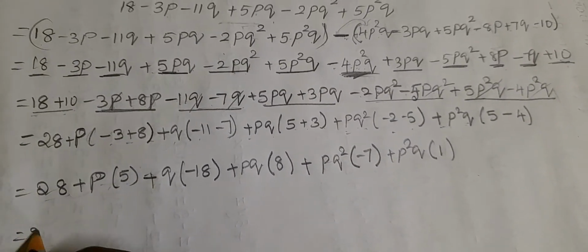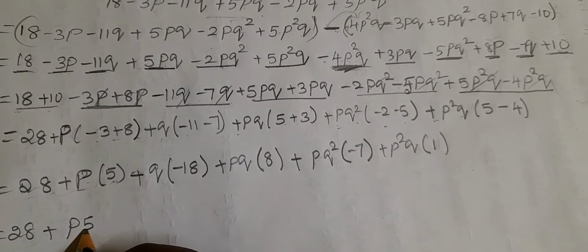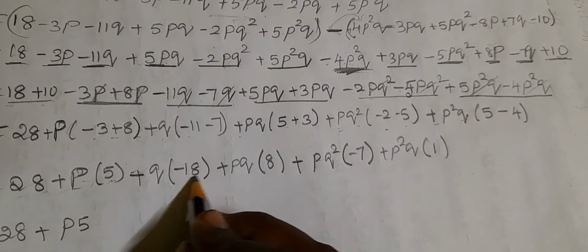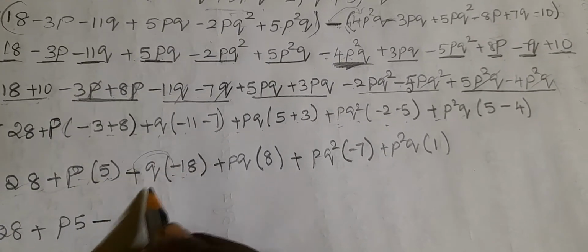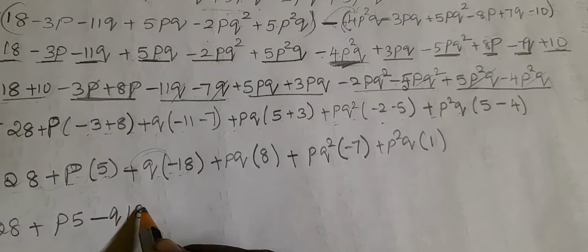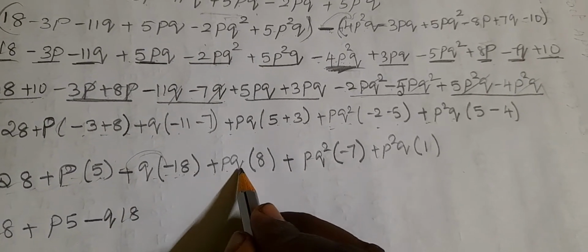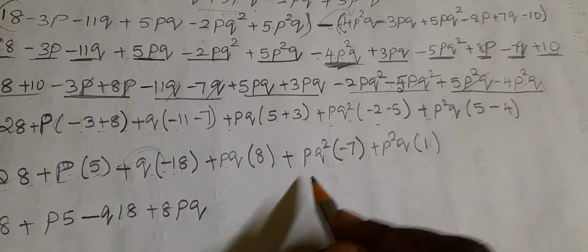We will write the answer again. 28 plus p into 5 is 5p. q into minus 18. See, plus into minus is minus, so minus q into 18 is 18q. Then plus pq into 8 is plus 8pq.